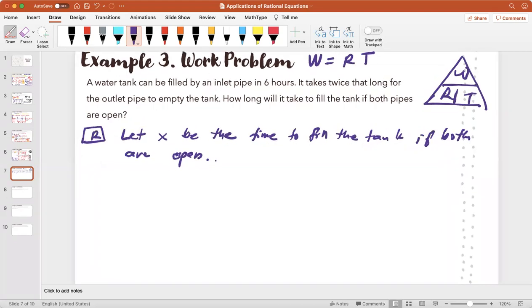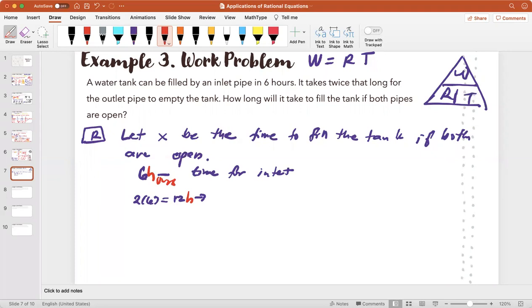How about the time it takes for the inlet pipe? 6 is the time for the inlet. How about the time for the outlet? Twice. What do you mean by twice? 2 times 6, which is equal to 12. And this is the time, so let me put hours here.